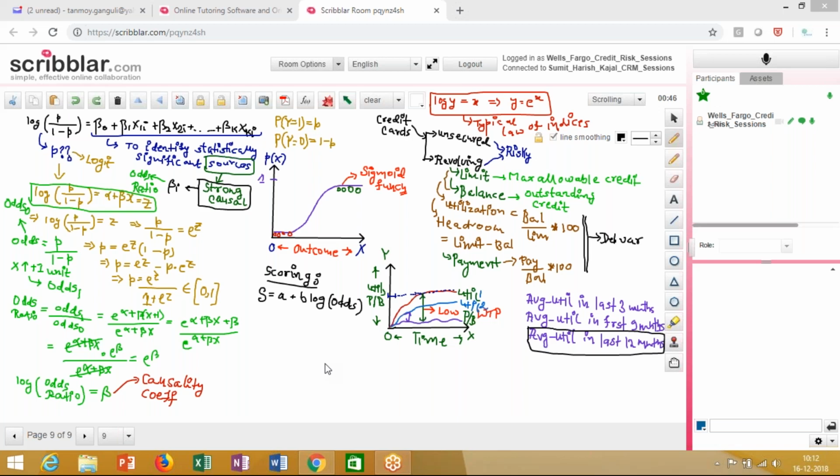Now, if your y equals 1 is y equals 1 if the borrower is good, and 0 otherwise, then when your odds increase, your score will also increase. So it's a kind of an ordinal relationship between score and log odds that you are creating. It will totally depend on how the log odds move, right? So does this answer the question, guys?